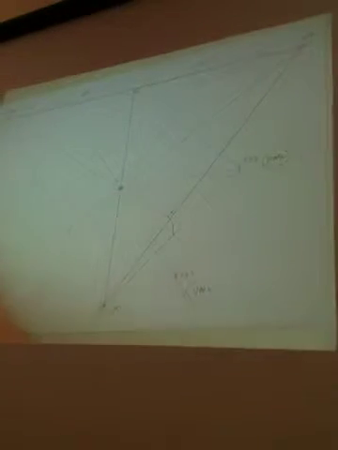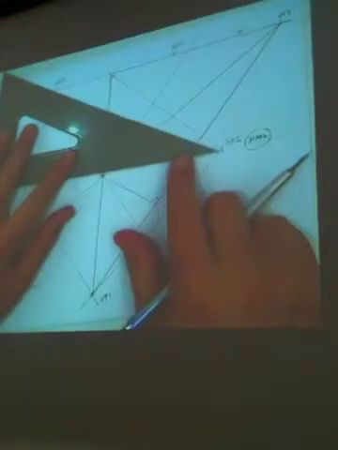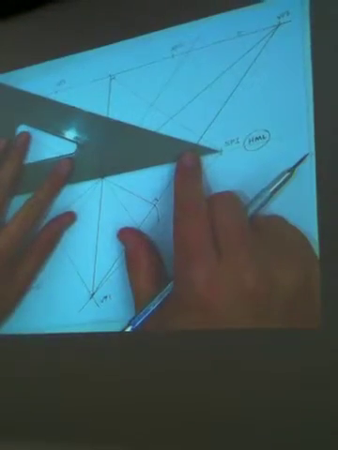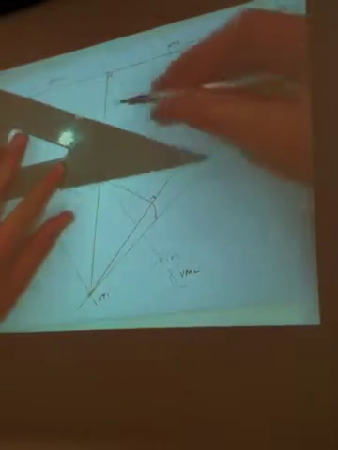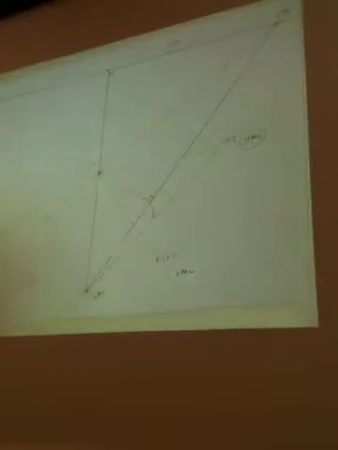Now, how do you find the cone of vision for this wonderful thing? The same way we did before. You take a 30-degree angle, you put it at the station point, except now you just draw it to the line of vision.